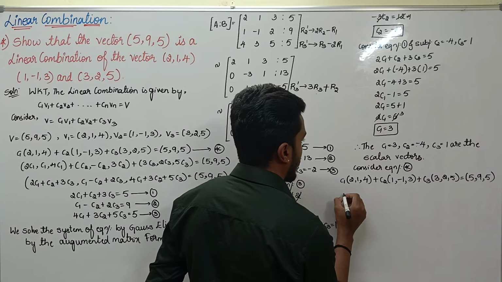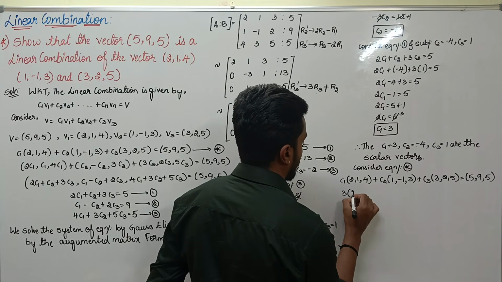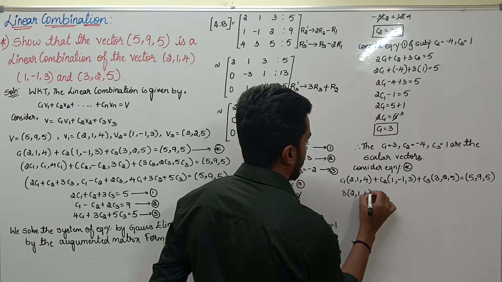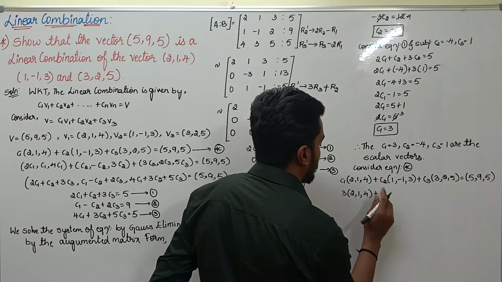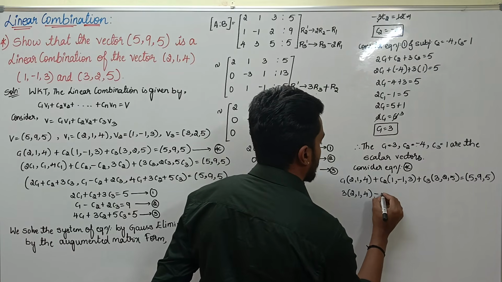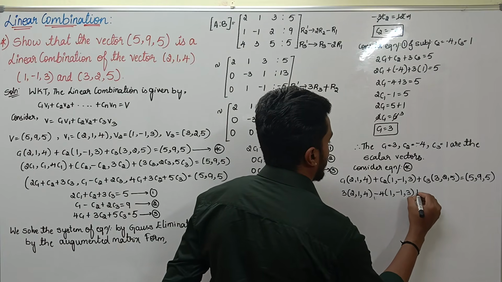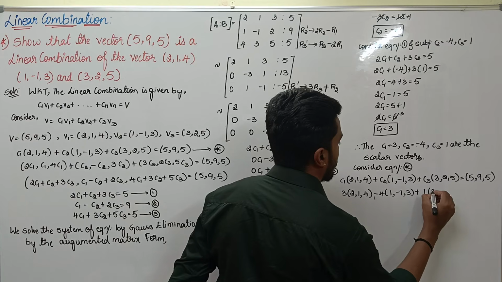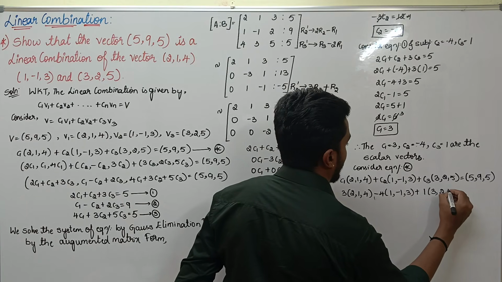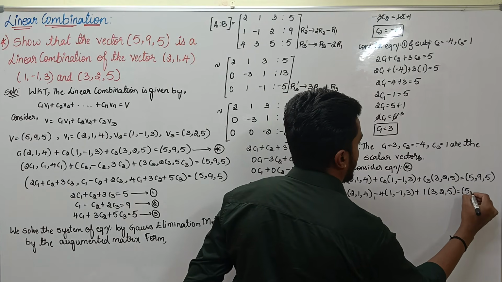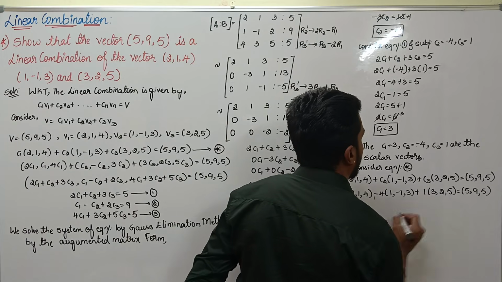Now let us simplify. What is our C1? We have 3 into (2, 1, 4) plus, for C2, minus 4 into (1, minus 1, 3) plus C3, which is 1, into (3, 2, 5), equal to (5, 9, 5).